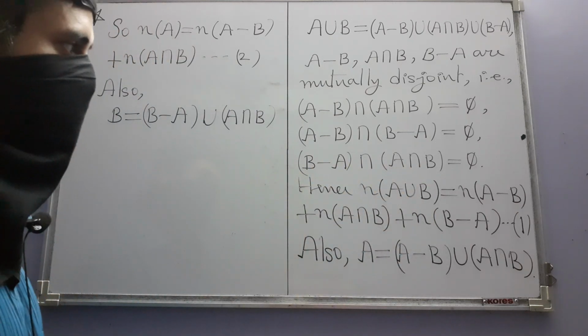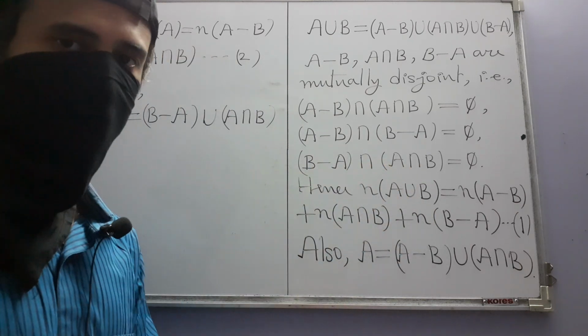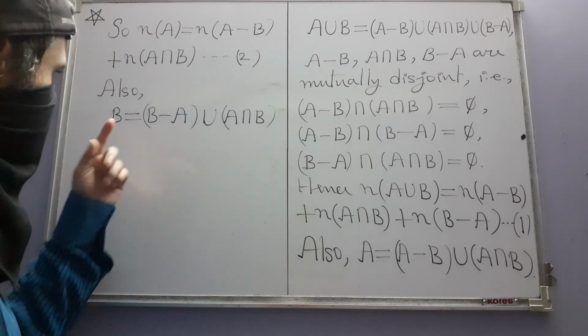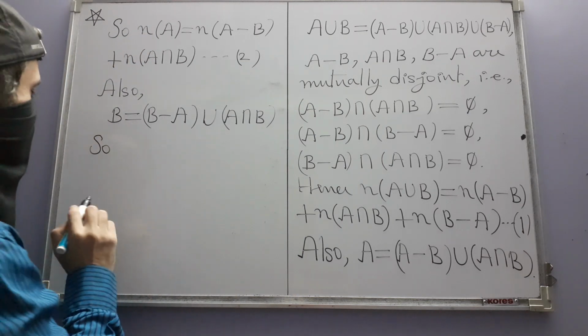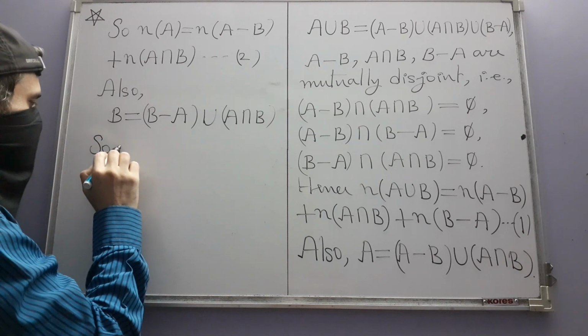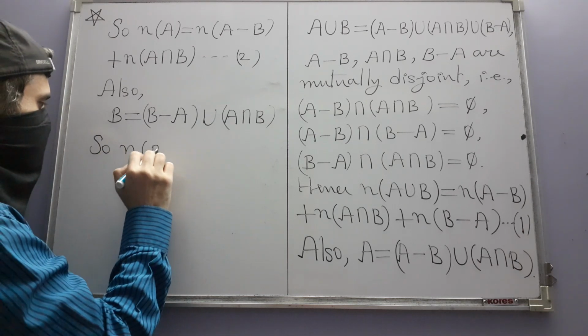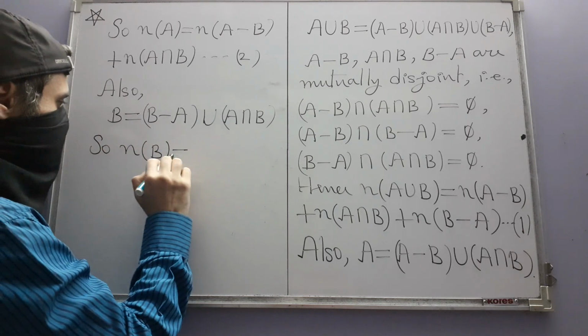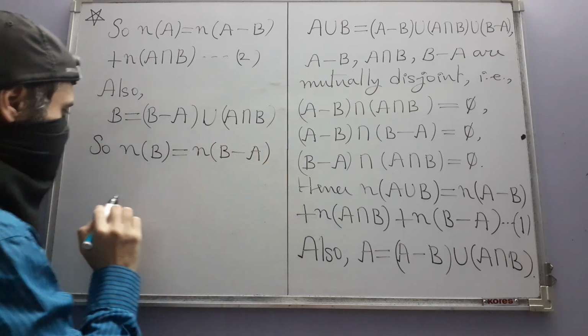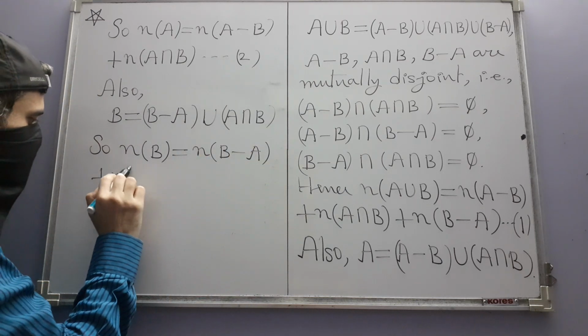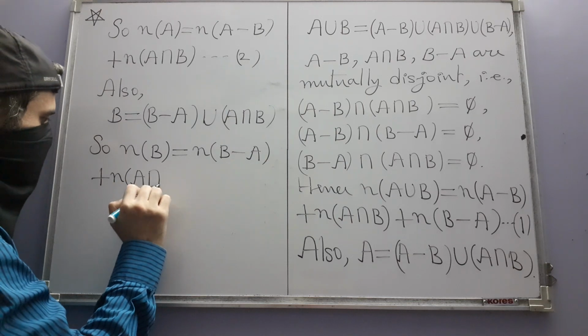So if we sum the number of elements in them, we should get the number of elements in B. So we get a third equation also.